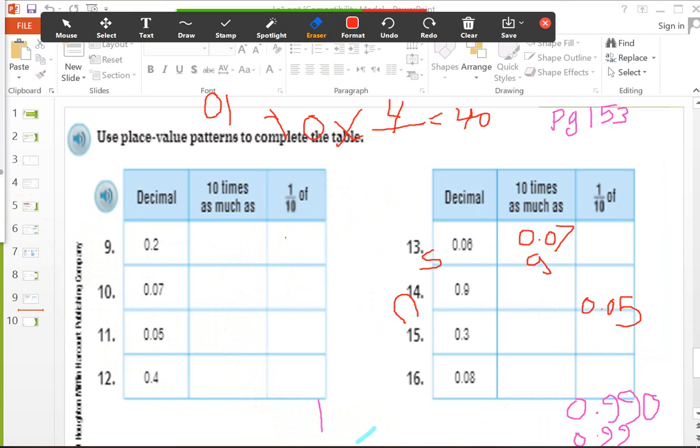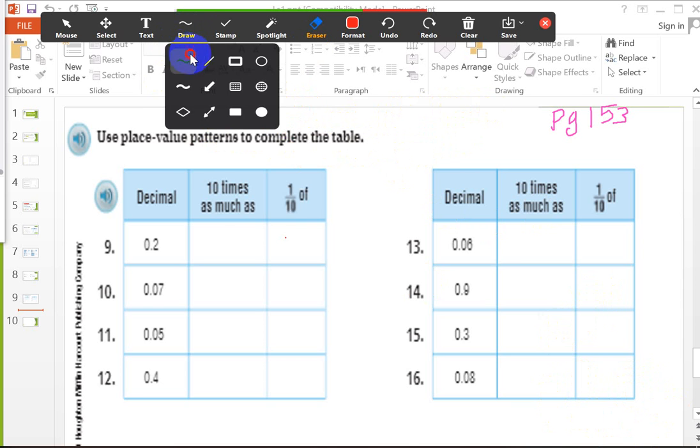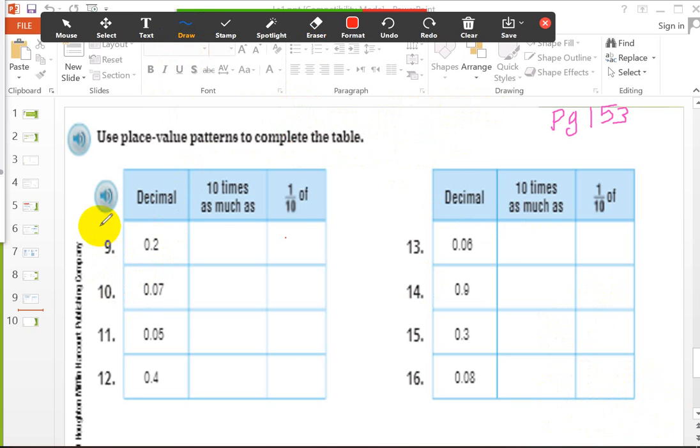We will move to this schedule. I want to find the pattern and complete the table. We will start with number 9. You remember we solve something like this, right?